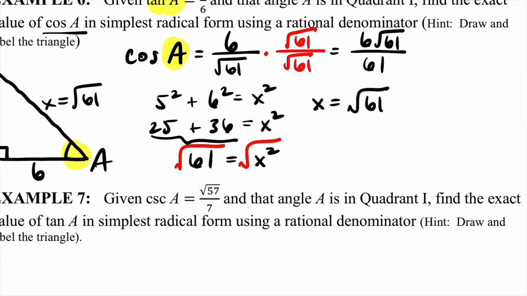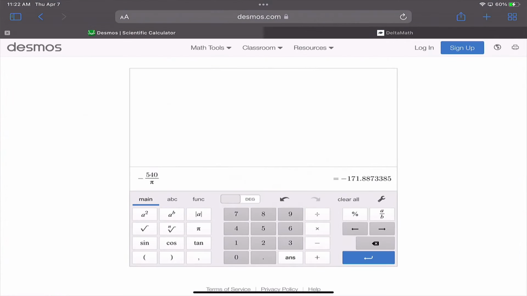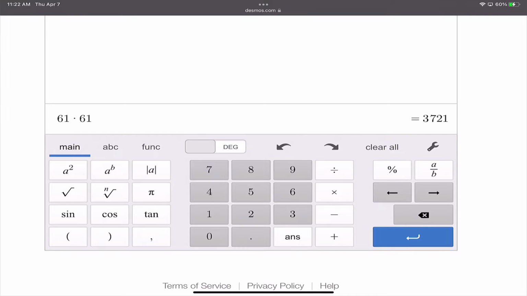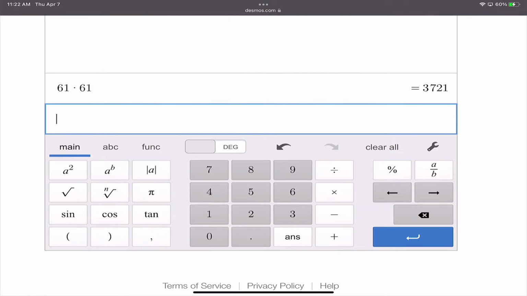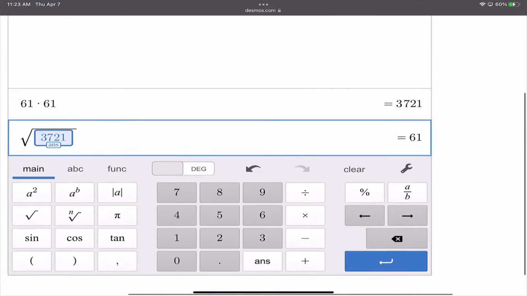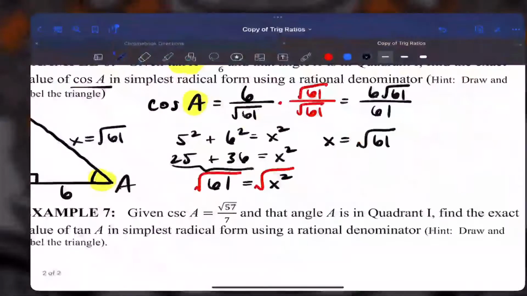Watch, I'll show you. 61 times 61 equals 3,721. And then if I find the square root of my previous answer, I get 61. So it is 61.